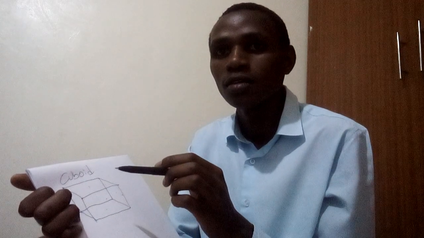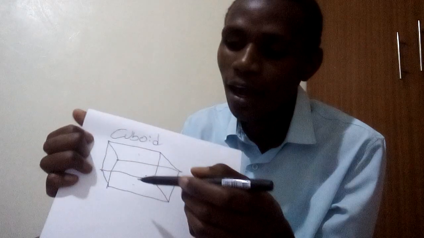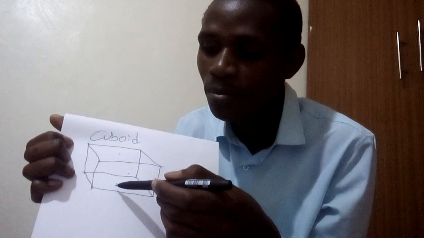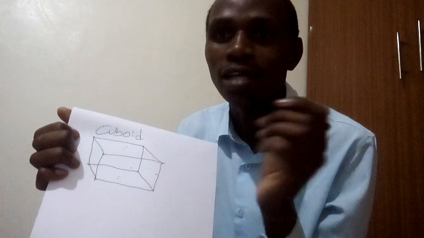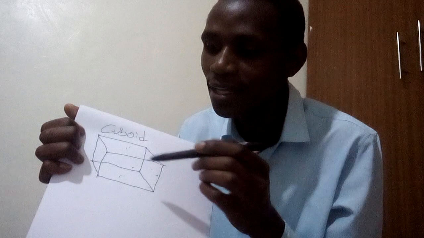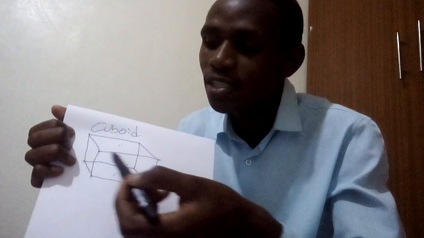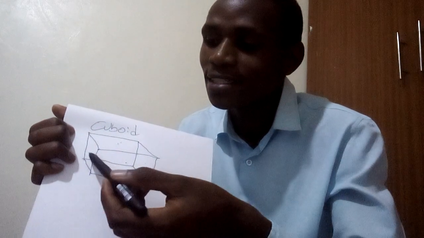Calculating the surface area of a cuboid, you will calculate the area of the base or the top. You multiply by 2, you add to the opposite sides.